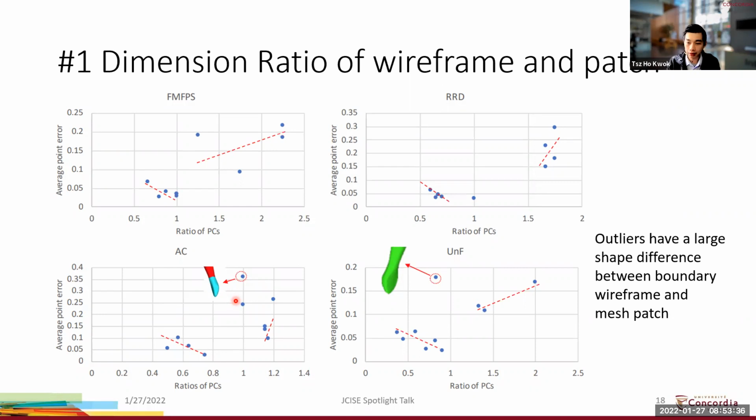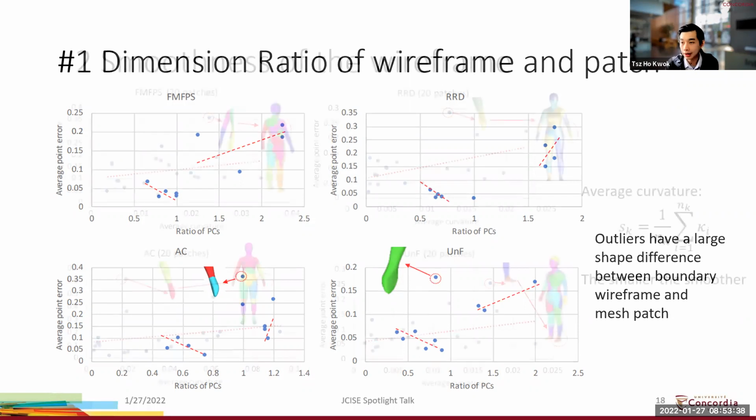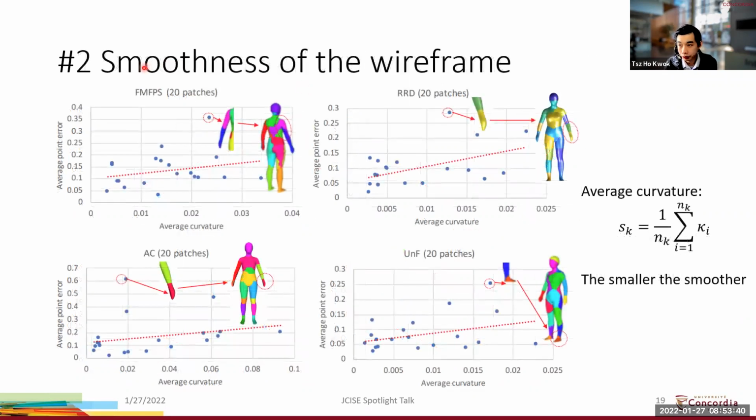Then we go on to the second criterion, the smoothness. To measure the smoothness, we use the Gaussian curvature, and we average it over the whole wireframe and plot it on the x-axis here. For this curvature, the smaller the value, the smoother, so the smaller the better in that sense.